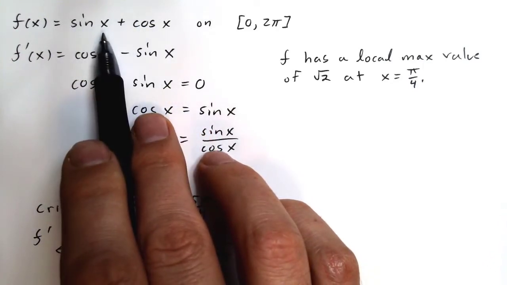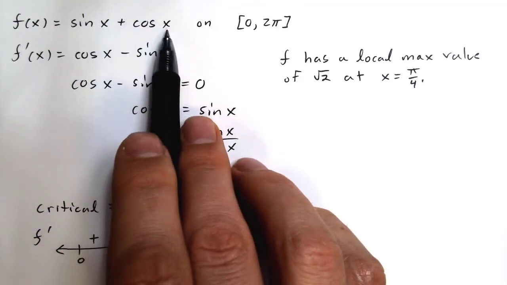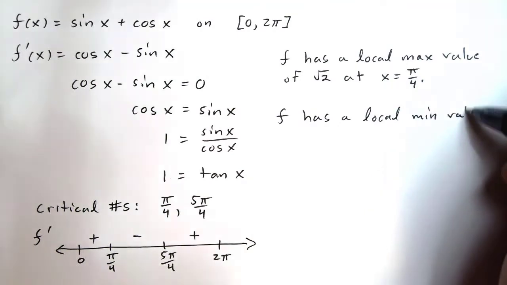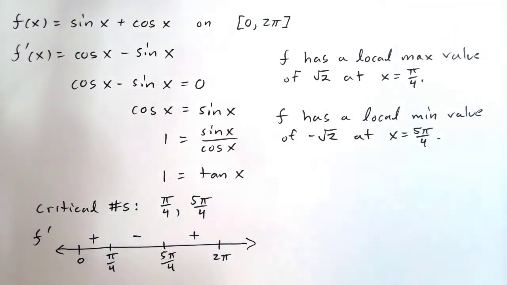Sine of 5 pi over 4 is negative root 2 over 2. Cosine of 5 pi over 4 is negative root 2 over 2. Add those together, you get negative root 2. So f has a local minimum of negative root 2 at 5 pi over 4. And so here we have answered the question.